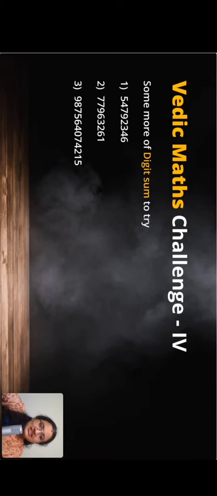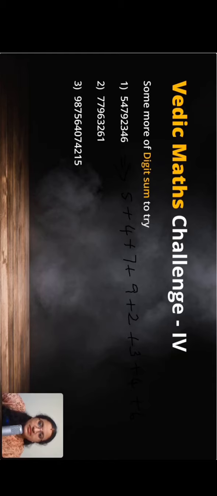Can we try digit sum for 5, 4, 7, 9, 2, 3, 4, 6 by using Shunyam Samya Samuchaye? Wherever there is a 9, it is a 0. It means we will ignore that. So it is 5 plus 4 plus 7 plus 9 plus 2 plus 3 plus 4 plus 6.